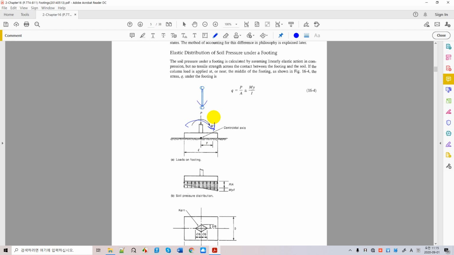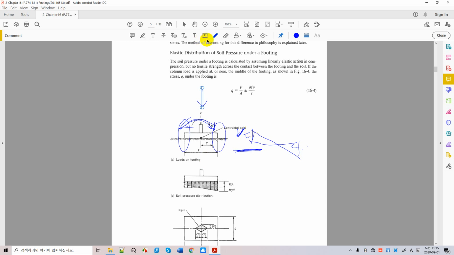Due to the overturning moment, we will develop a tension side and a compression side. The stress diagram looks like that. This is tension, this is compression, and the tension and compression will change when you change the overturning moment. So this is the pure bending circumstance, and where we have added a rectangular compressive stress block due to the vertical load.